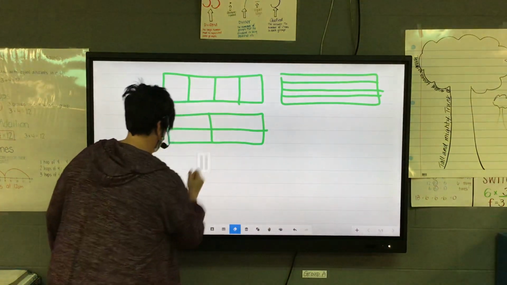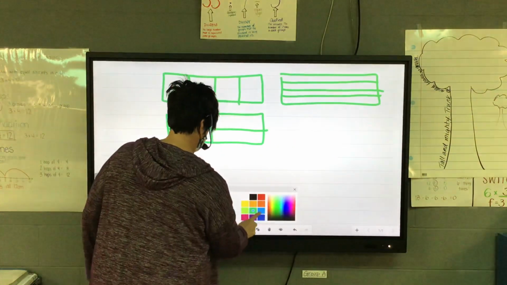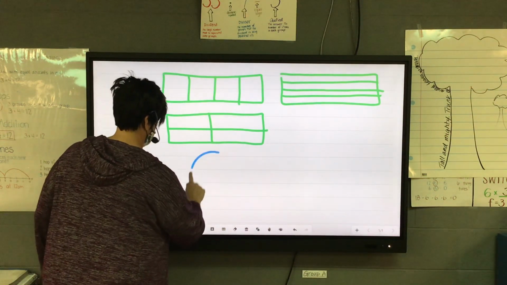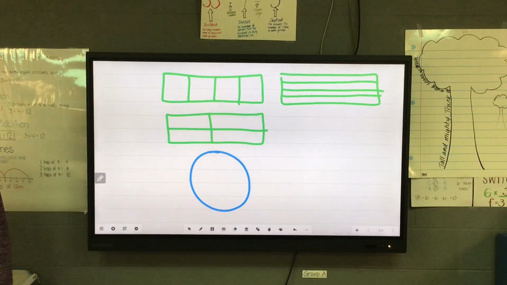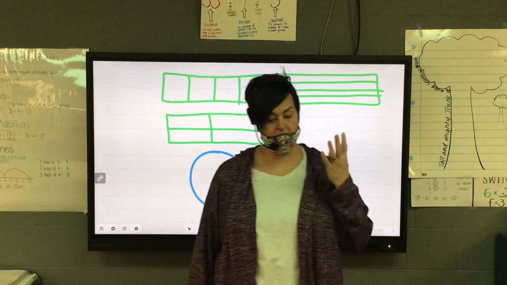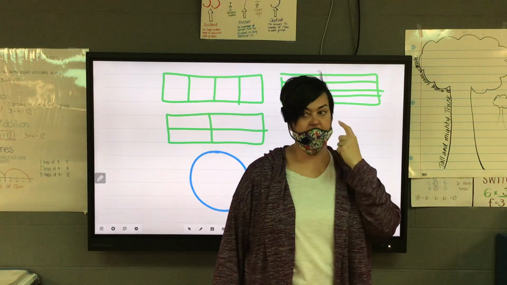I'm going to have you draw a circle. And your circle is also going to have 4 equal parts. Now, listen, eyes looking at me.